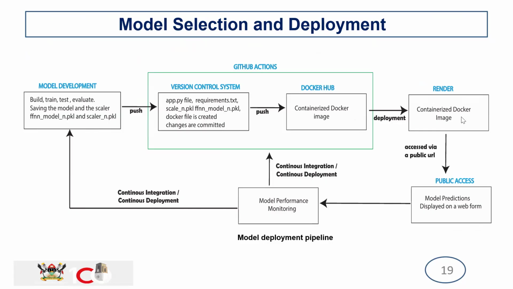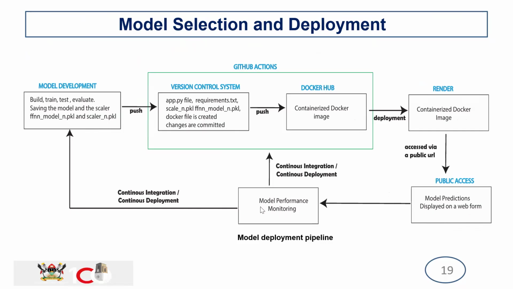Then after that, I deployed on Render. Render provides a runtime environment for the deployed model so that it can be accessed for the user to send data to the model and return predictions using a web form.